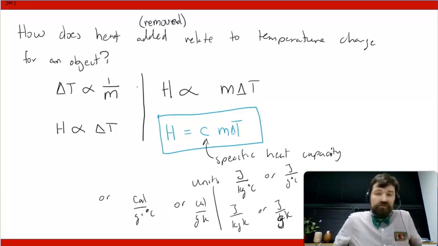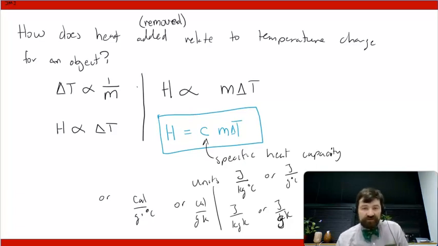And usually we see it in terms of either joules and Kelvin and kilograms, or calories and grams and degrees C, but any of these combinations are valid, and they're all validly SI units.